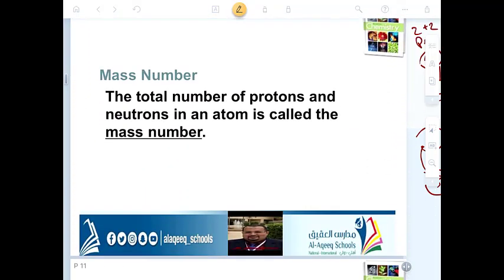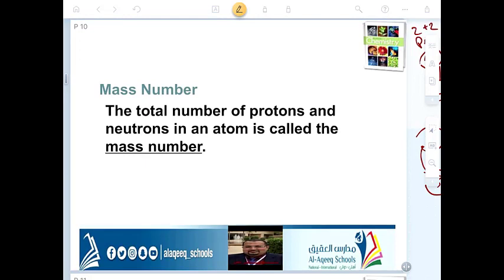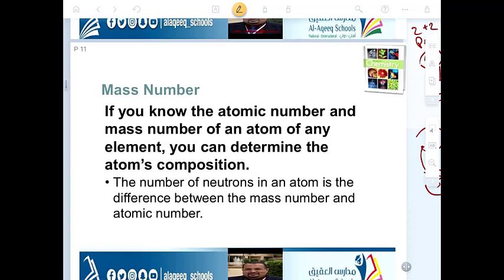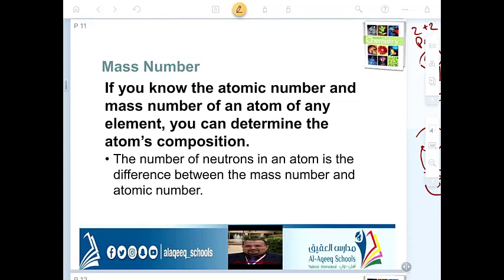Now, mass number. I think I explained mass number is the total, or summation, of the number of protons and the number of neutrons in the atom. Mass number identifies the number of protons plus neutrons. If you have the atomic number, which is the number of protons only, by subtraction you can get the number of neutrons.